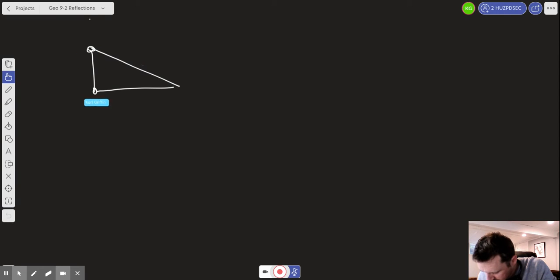And let's just call that triangle A, B, C. If we had a line that we were going to reflect this across, whenever we reflect a shape, we always reflect across a line. So I'll put a line in here.